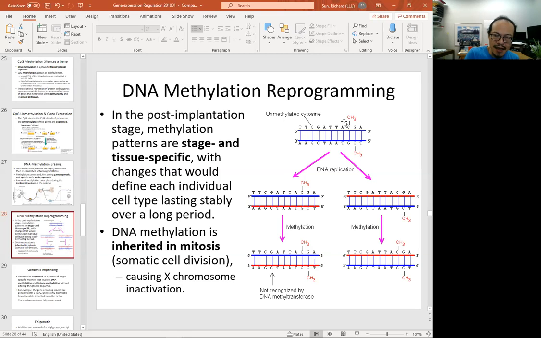And that's very important, that you need to know that in the beginning, our fertilized cell, this is the zygote, is only one cell containing one copy of the chromosome from the mother, one copy of the chromosome from the father.